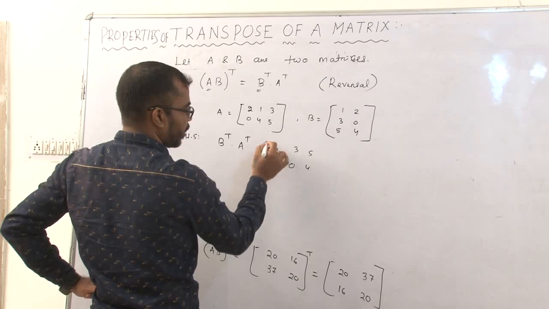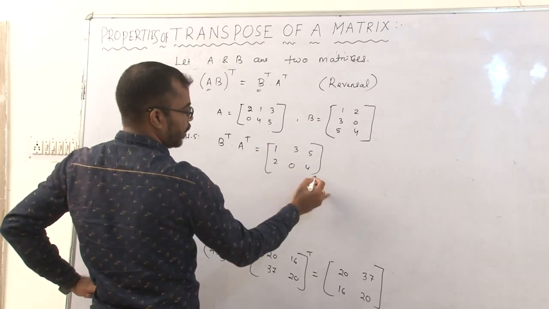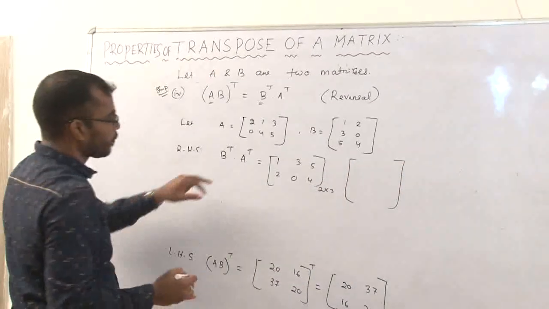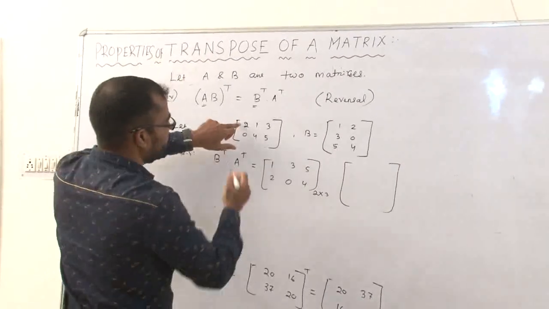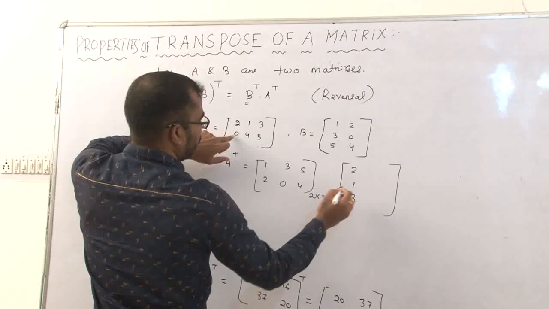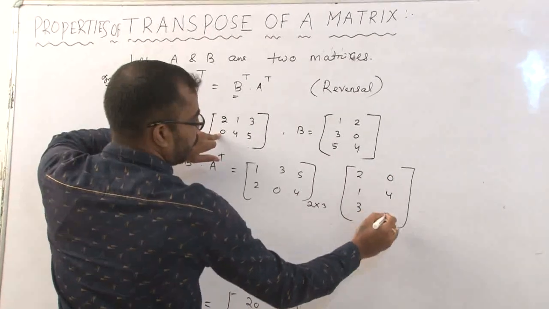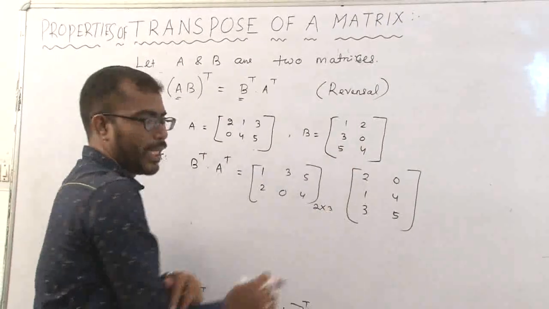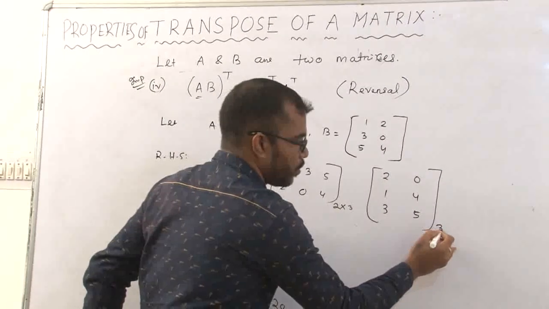The third row changes to the third column, and the order is 3 into 2. Now the transpose of A: first row changing to first column, and 0, 4, 5. The second row changes to the second column, and its order is 3 into 2.